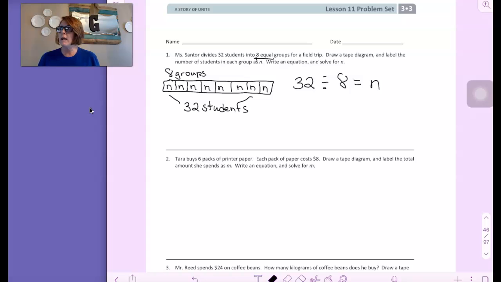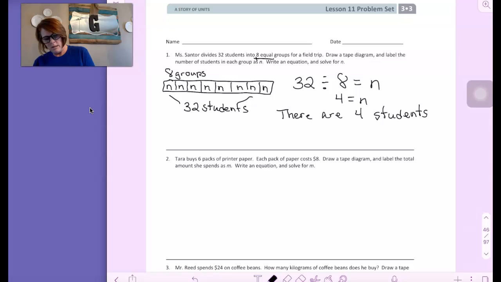So 32 divided by 8, I know, is 4. 4 equals n. So my final sentence: there are 4 students in each group.